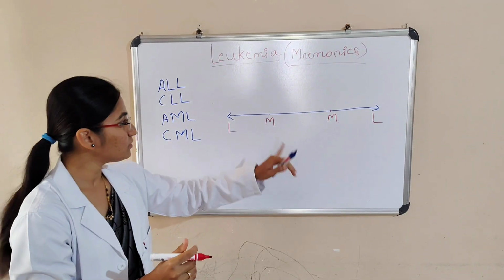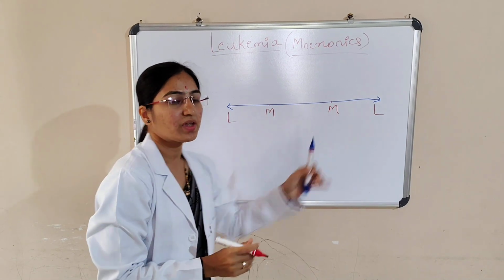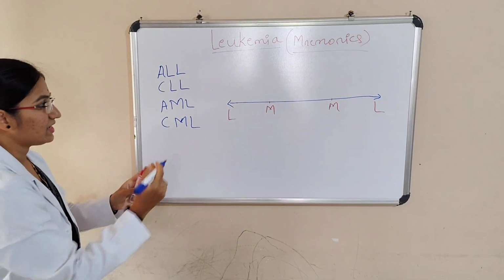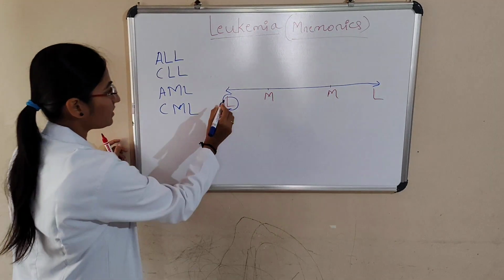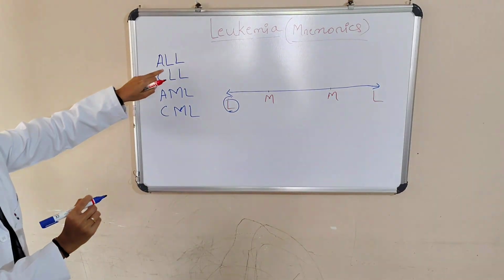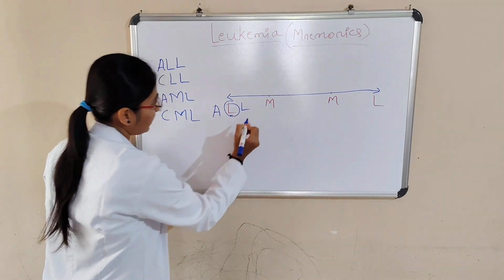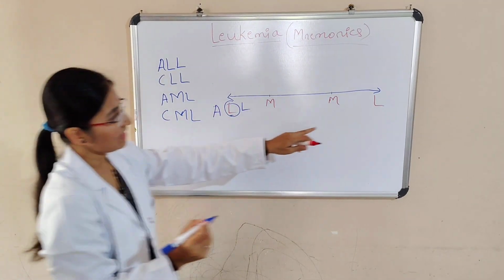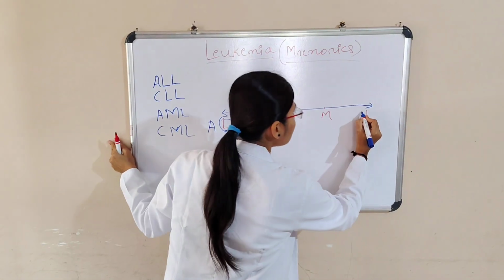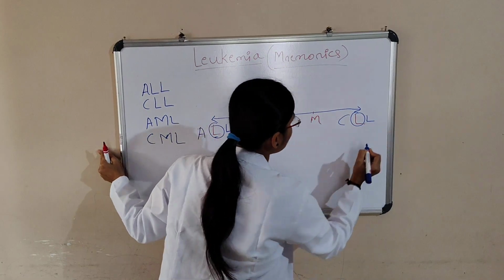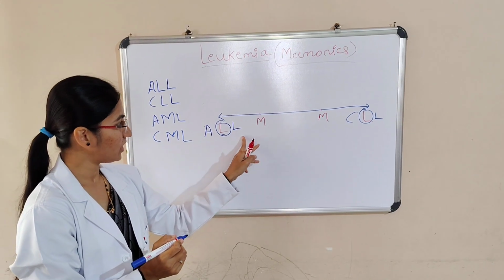Now we can write here, L is there, that is ALL. I will write here ALL. And then the last L is there, here also I will write CLL. It is acute lymphoid leukemia.